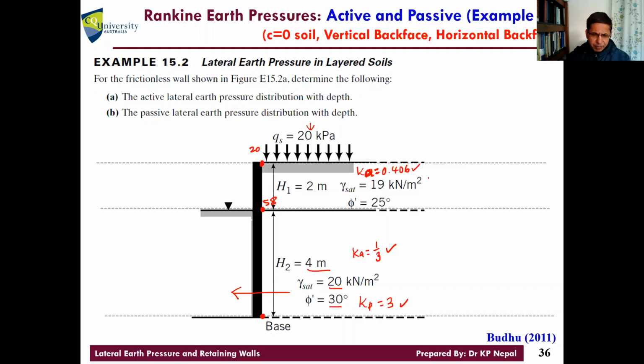So what is the 20 minus 9.81, right? Okay, so it's equal to, did you get 98.76 here? Yeah, so I got the vertical pressure at 3 locations.